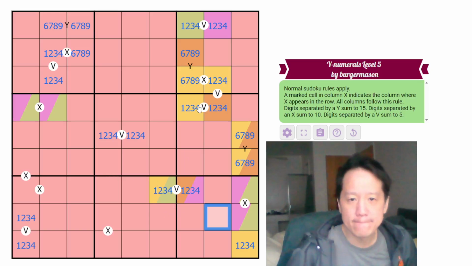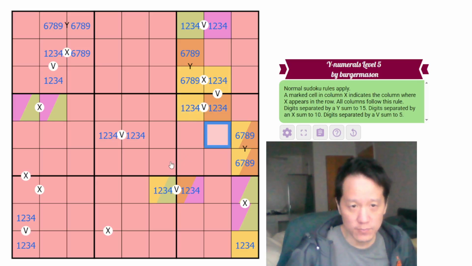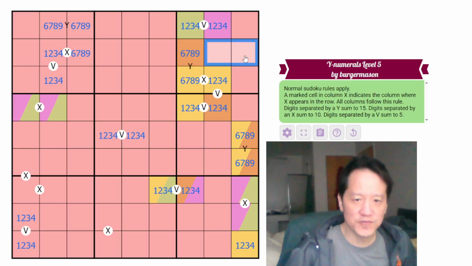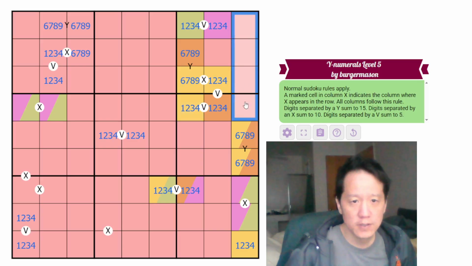I'm actually not sure if the way that I'm attacking this is the best. Let's take a look at 5 because 5 is heavily restricted in this puzzle. Where can 5 be?